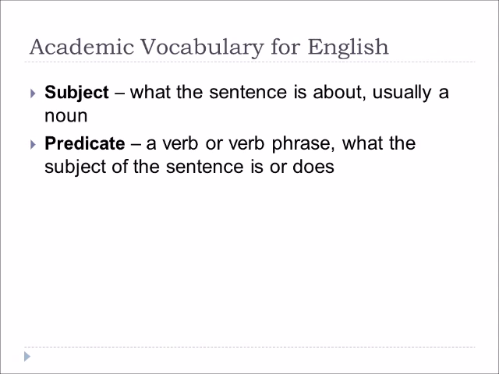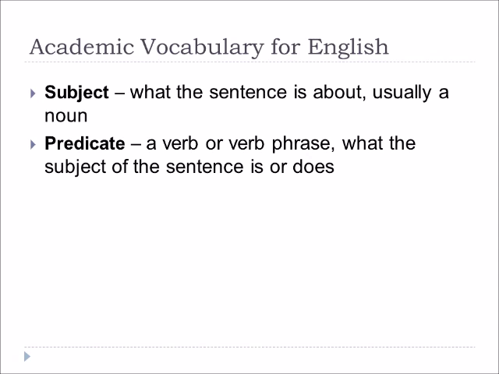A predicate is a verb or a verb phrase, and the predicate verb tells us what the subject of the sentence is or does. I will show you an example later of a sentence that has multiple verbs, but not all of the verbs in the sentence refer to the subject.